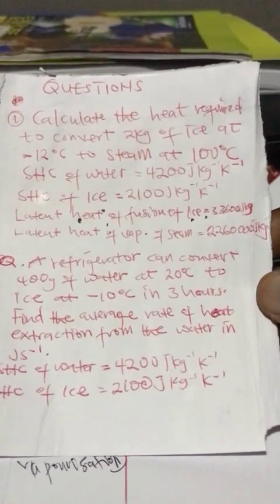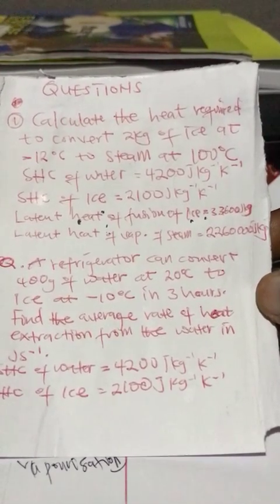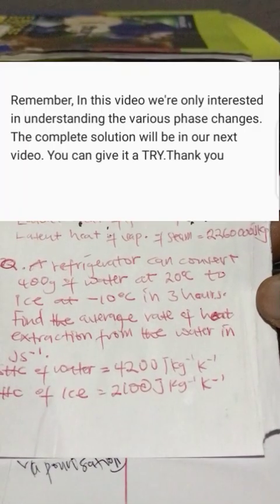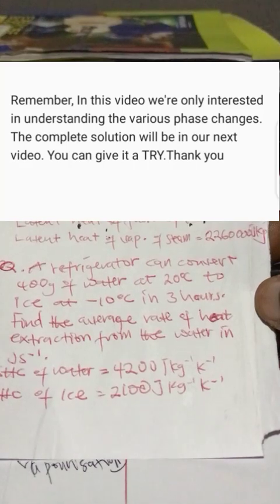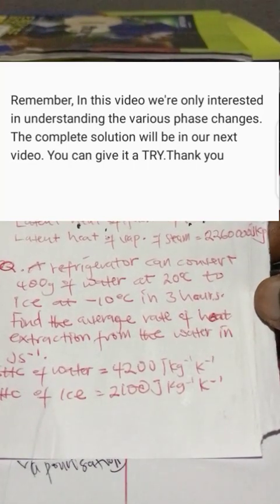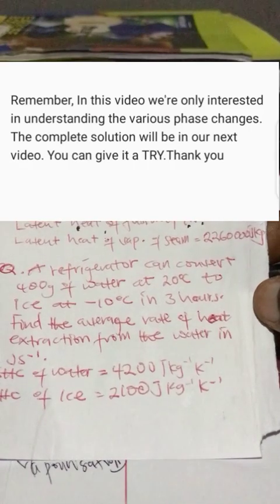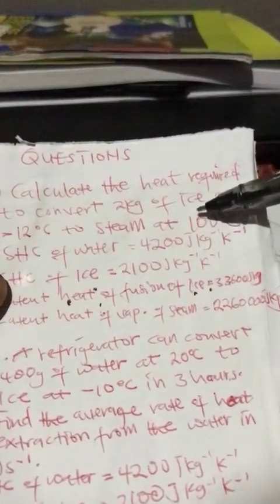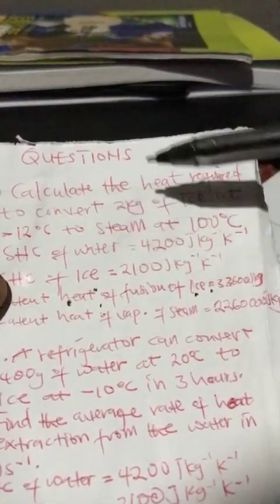was at 20 degrees Celsius to ice at negative 10 degrees Celsius. So let's just look at the various processes that are going to take place for ice which is at negative 12 degrees Celsius to become steam at 100 degrees Celsius. Okay, so let's look at that quickly. Let's do that here. We pick this out to draw the chain: ice at negative 12 degrees Celsius to steam at 100 degrees Celsius.